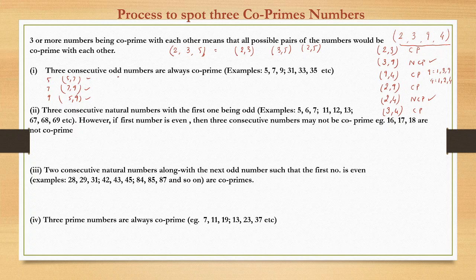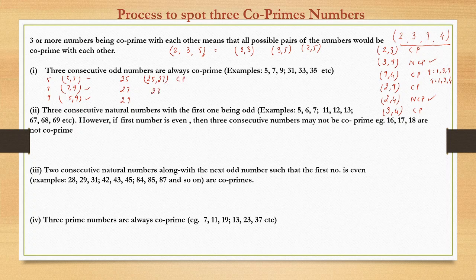Again we check another, say let us take some other three consecutive odd numbers, like 25, 27, 29. Now the three pairs: 25 comma 27, are they co-prime? Yes, HCF would be 1, so co-prime.